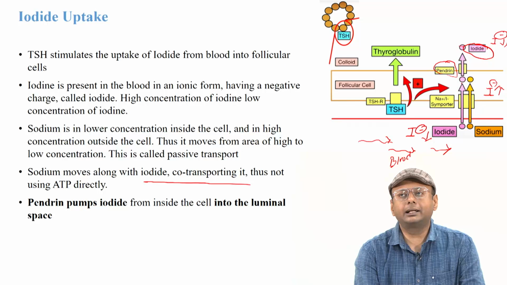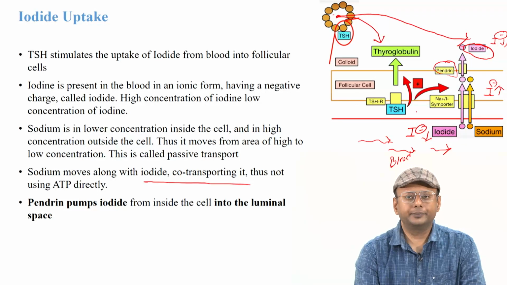So basically a protein mediated diffusion or uptake happens, and the pendrin protein transporter facilitates the movement of iodide ion from the follicular cells to the colloid space. So in this way, in the colloid space, now what do we have? We have an abundant amount of thyroglobulin, and also an abundant amount of iodide ion.